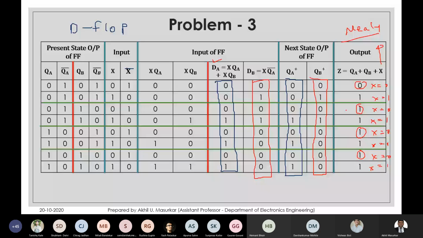Now you can see here that the first two are the 0, 0 state, then 0, 1, then 1, 0, and then 1, 1. So when x is equal to 0, the states are 0, 0. And when x equal to 1, that time it is 0.